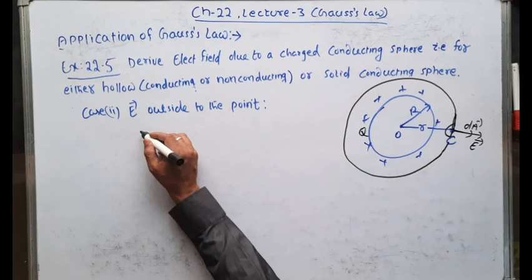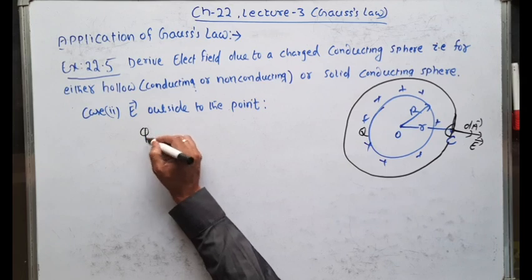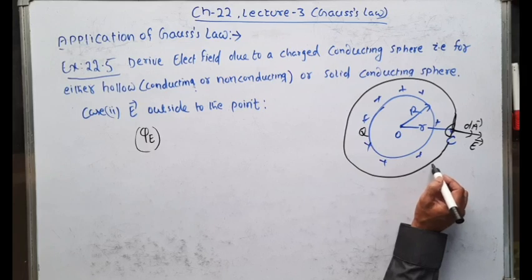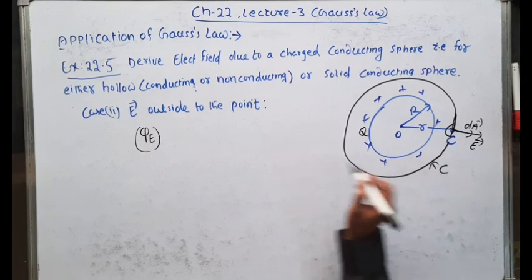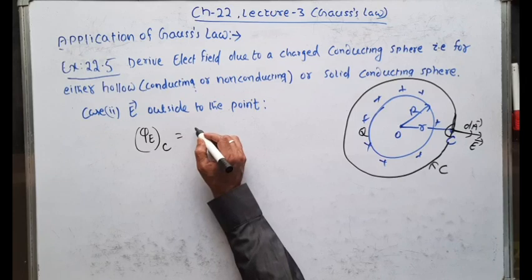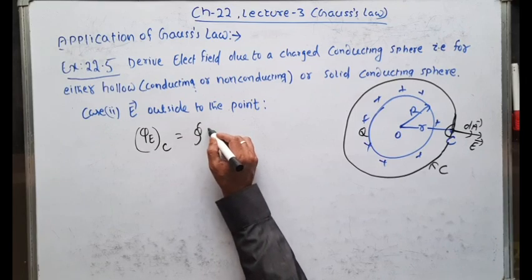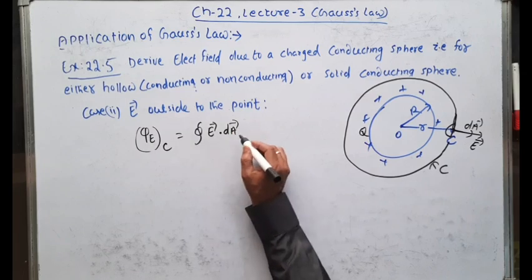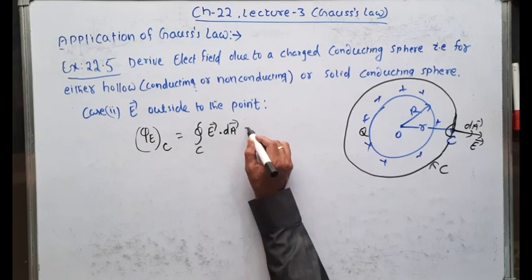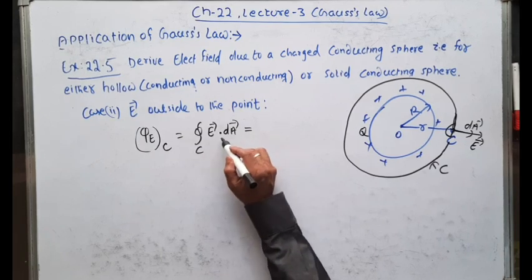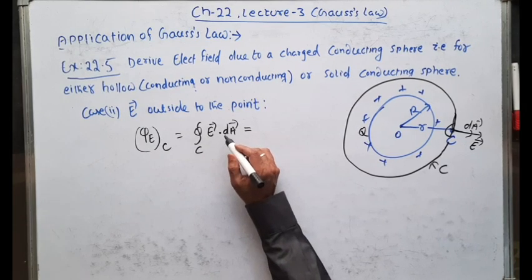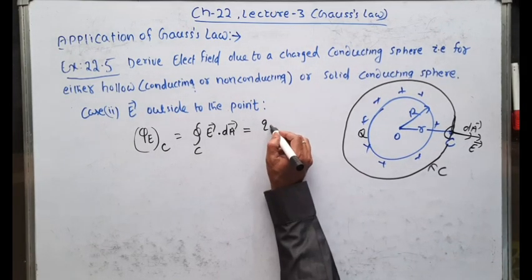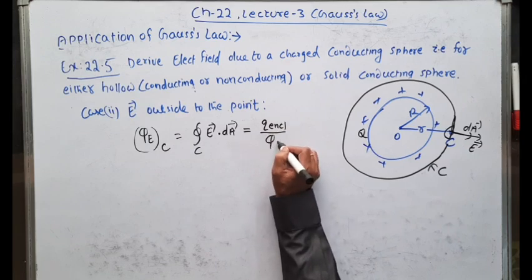The electric flux from this C surface is, according to the mathematical expression, the surface integral of E dot dA on the C surface. But according to the Gauss law, it is the total charge enclosed divided by epsilon naught.